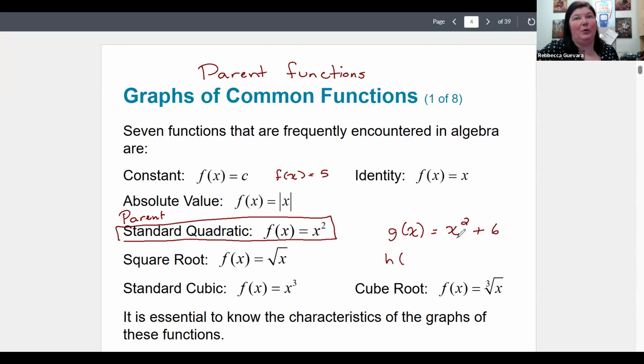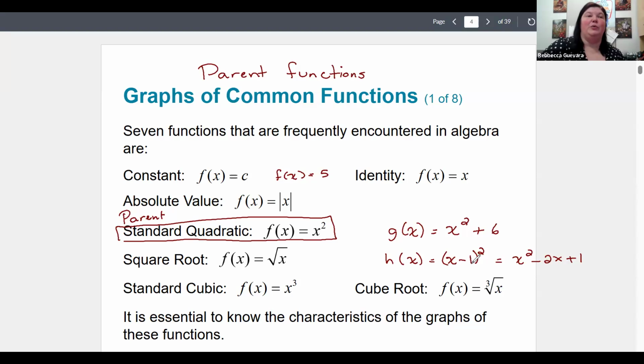But we still have that parent component where we have the x squared. We have x minus 1 squared, which is x squared minus 2x plus 1 when spread out. That is another example of a function that is based off that quadratic. So it's based off that parent function. We have the x squared component in it, but we're getting a different function.